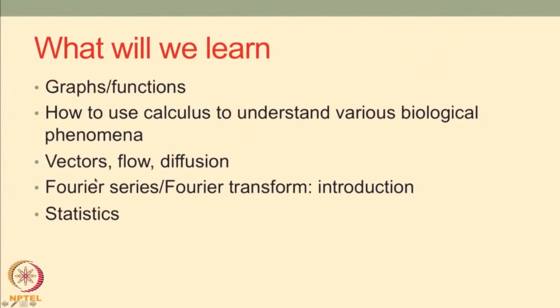We would then describe vectors, like something with directions, for example, flow and diffusion. These kinds of things we will describe, which are phenomena that we see around us, and how to use mathematics to describe these phenomena. And then we would use Fourier series and Fourier transform. We would have an introduction to Fourier series and Fourier transform. A little bit will familiarize you, because these are things that are very often used in structural biology.